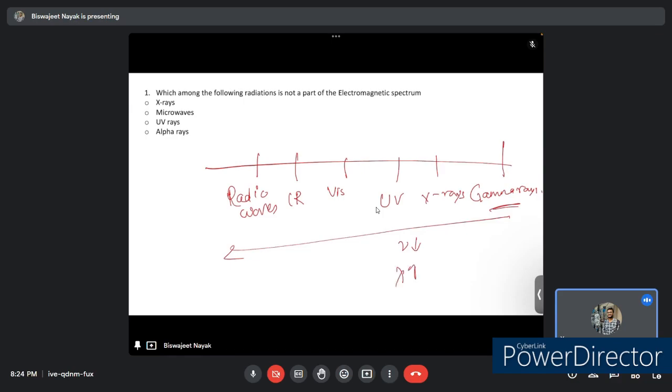Here gamma rays have the highest frequencies and the lowest wavelength, and as it goes from here to here, frequency decreases and wavelength increases.